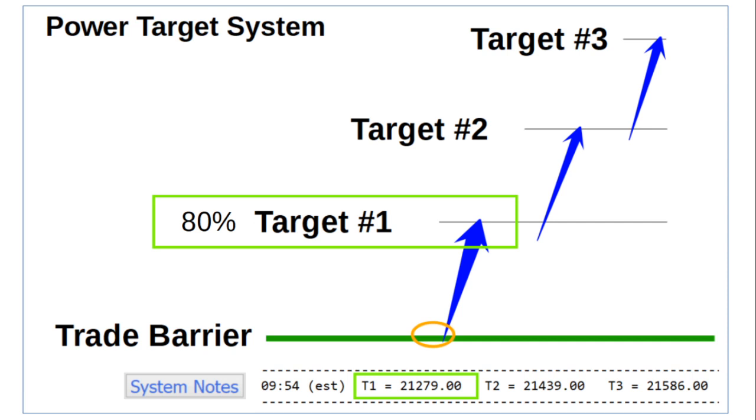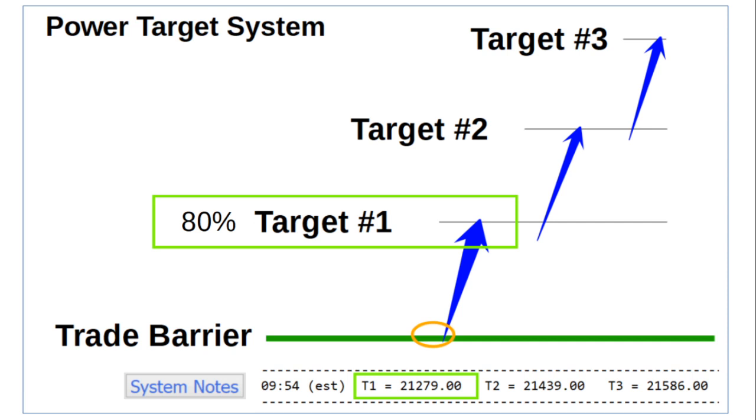And an interesting thing that I noticed when I was crunching all this data out is that Target One, going back to when the market started to fall, when this sell-off started, I've noticed that Target One has ranged between like 9 and 36 and a half points.